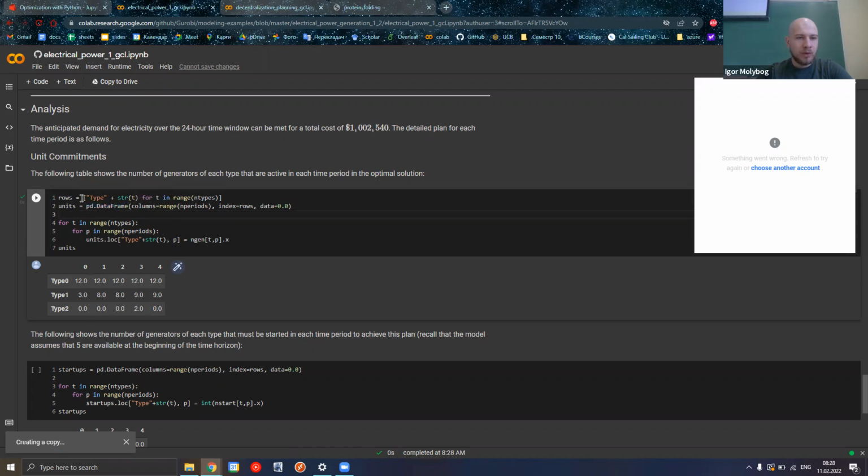Our rows are the type of the generator, and then we're going to be representing how many generators of each type are being used in each time period.